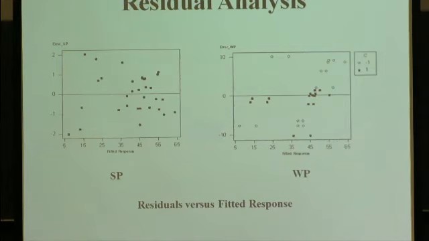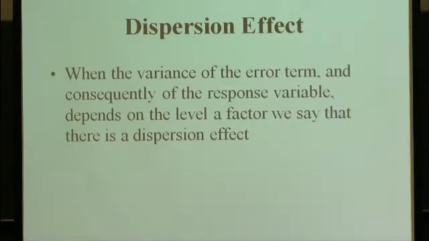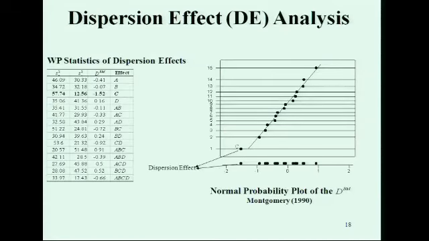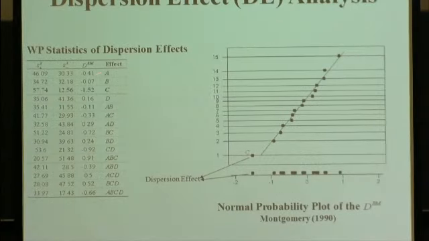When we looked at the literature, we found something that could explain that behavior, which is a dispersion effect. So by changing the levels of a factor, the variation of the response variable seems to change as well. There are several techniques we can use to quantify the dispersion effect. The one I'm going to show you is a very simple one to use, the Box and Meyer dispersion quantity, BM.